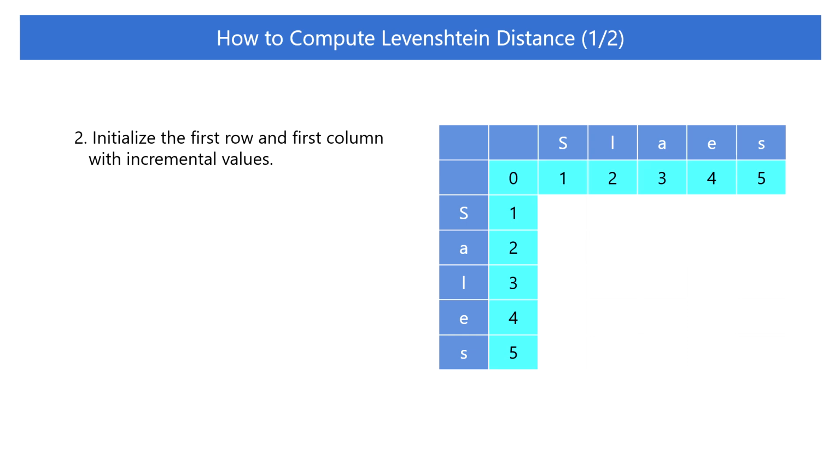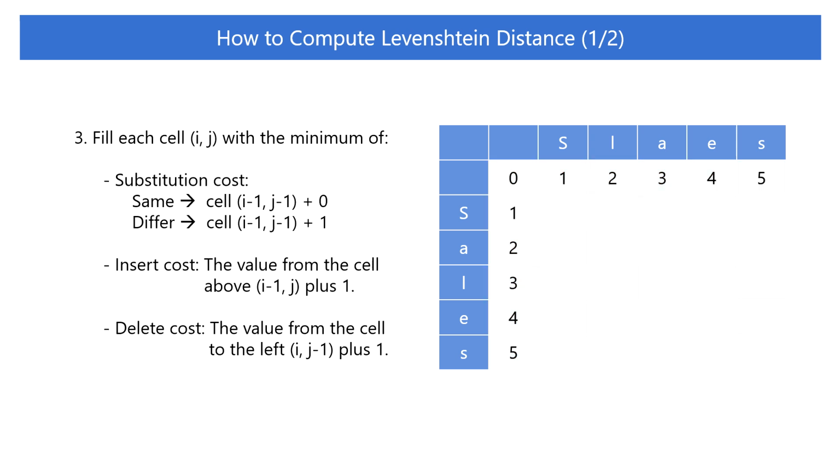Second, initialize the first row and first column with incremental values, which represent the cost of deletions and insertions. Third, fill the matrix by comparing characters of the strings. For each cell i, j in the matrix, fill in the minimum of the following three values.